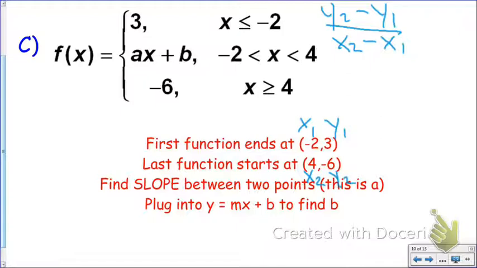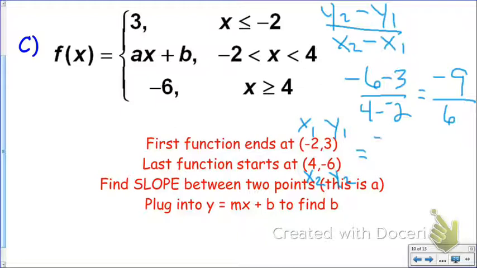So y2 minus y1, I'm going to have -6 minus 3 over x2 minus x1 is going to be 4 minus -2. -6 minus 3 gives me -9. 4 minus -2 means 4 plus 2, which is 6. So that means my slope is going to be -3/2. There's my m, or my a, whatever you'd like to call it.